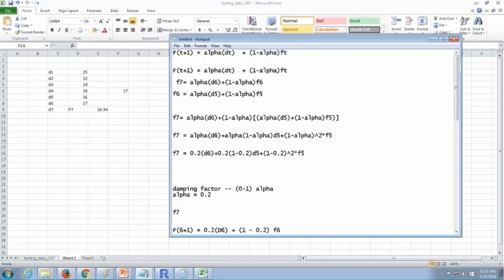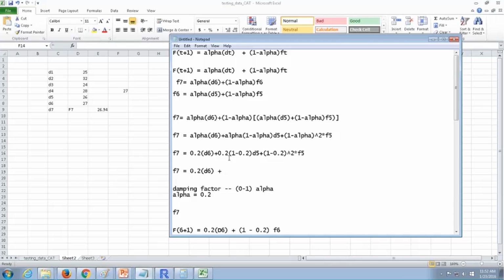Okay. Now can someone tell me these values? F7 is equal to 0.2 into D6. And what is 0.2 into 1 minus 0.2?